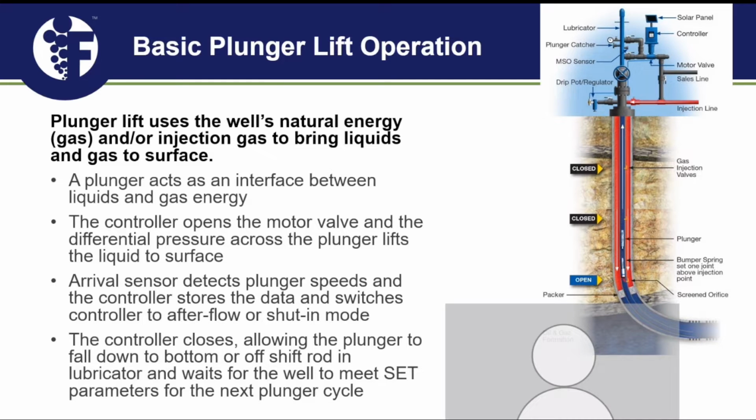Once it reaches bottom, depending on plunger type, it can either stay on bottom for a period of time, in a case like a conventional plunger, or it can close a bypass valve and then travel back up to surface. So that plunger is acting as that interface, carrying those liquids up every time it arrives back at the surface. And the flow of the well is what brings it back to the surface in that case, right?